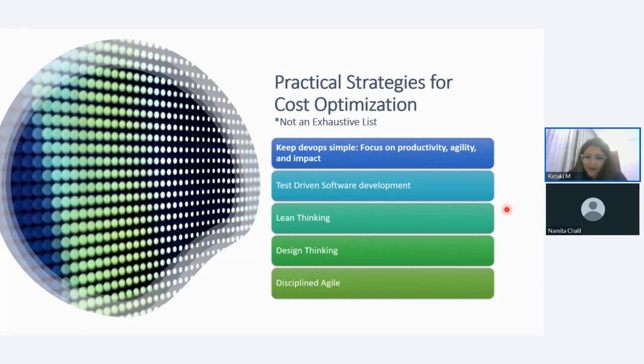Keep DevOps simple, focus on productivity, focus on agility, and focus on the impact. And impact is the crucial word here. It is the value delivered. If you focus on that, of course, you will be on target for the cost, and you could always avoid hidden cost in software program management, for sure.